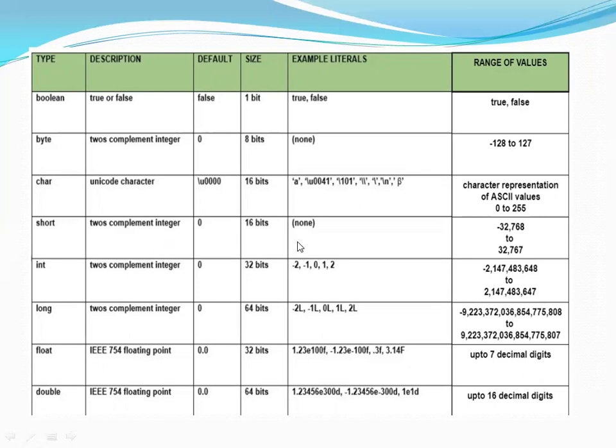Short works the same way as byte. The limit is minus 32768 to 32767. Here you need to do byte means 2 power 8, 2 power 16, like that the things will happen. Are you getting it?